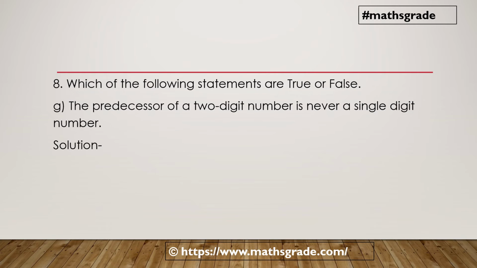Now question number G bit. The predecessor of a 2-digit number is never a single digit number. Suppose the 2-digit number is 10 and the predecessor of 10 is 10 minus 1, which is 9, and 9 is a single digit number.